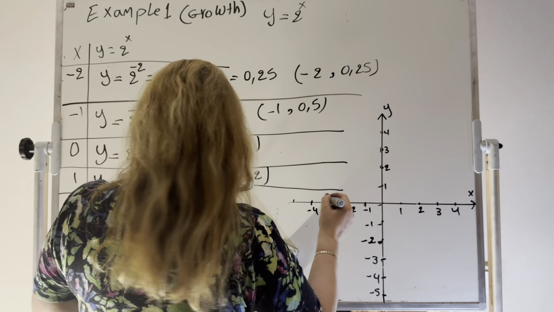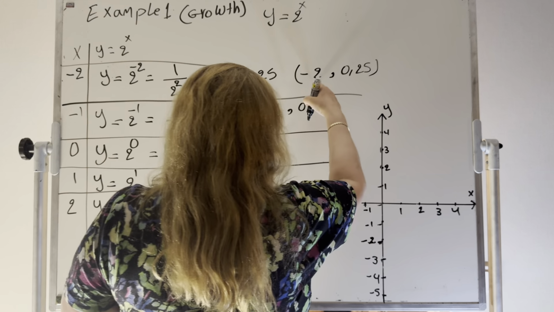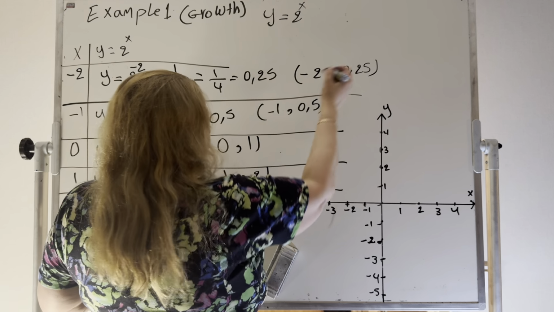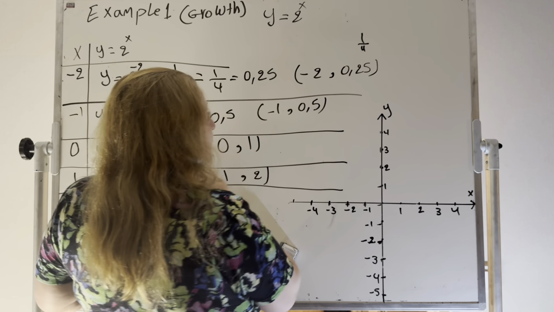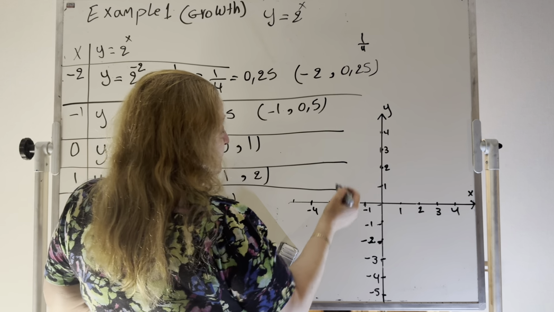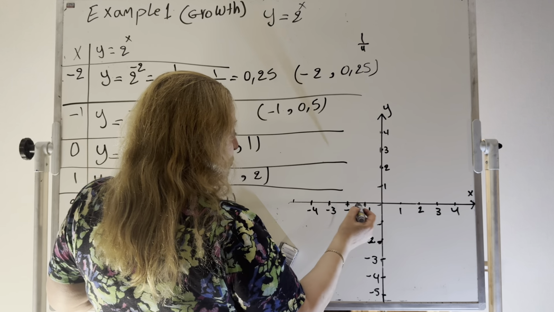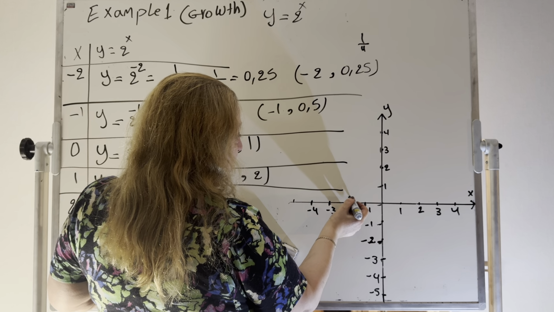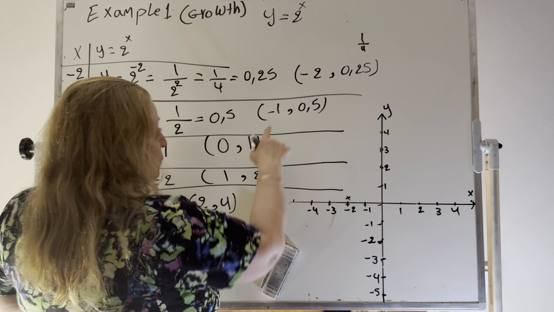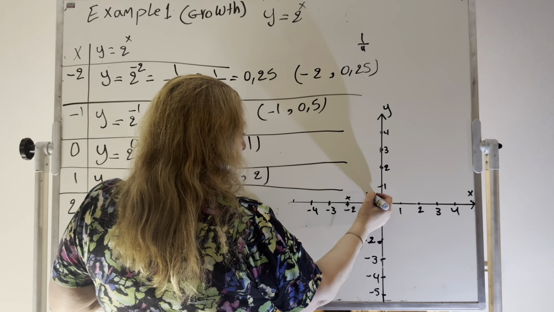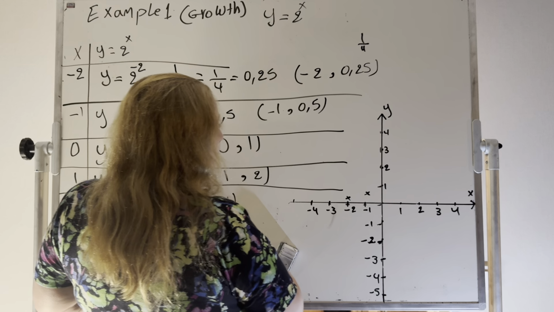First, when x is minus 2, y is 1/4, or 0.25. It will be here. When x equals minus 1, y equals half.